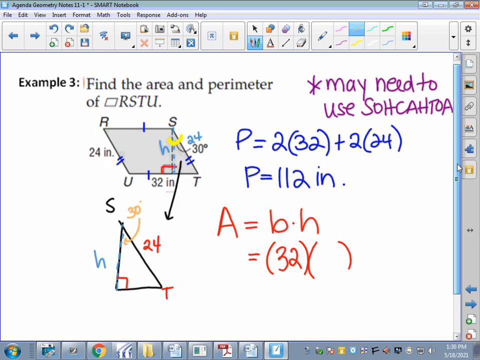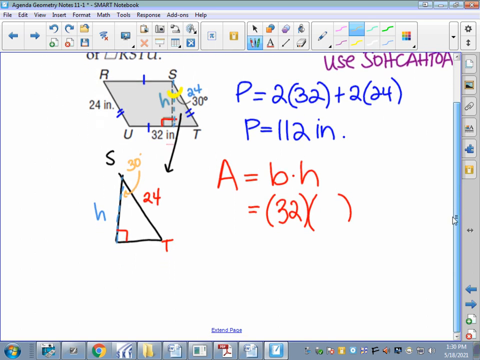We do quite a bit of side work in this chapter. So the side work is figuring out what the H is, right? We don't know H, but if I'm thinking about this angle S, this 30-degree angle is my angle. It's a right triangle. The 24 is my hypotenuse. Side H is not opposite, so it's adjacent. So what are we going to do for adjacent over hypotenuse?